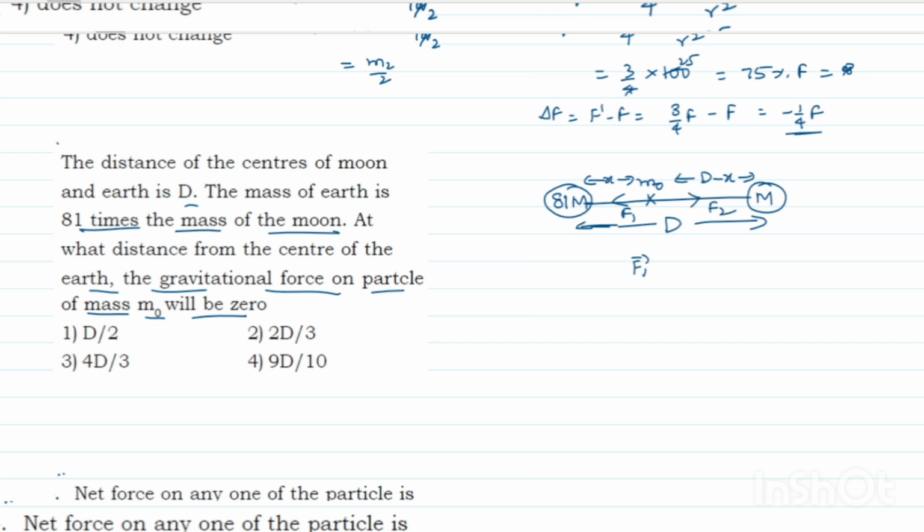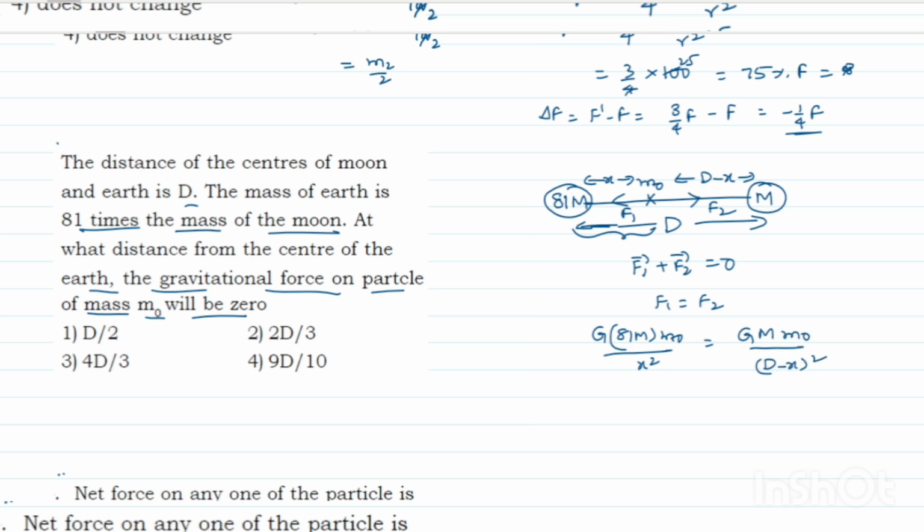So if the net force is 0, F1 plus F2 equals 0, then we equate only the magnitudes, F1 equal to F2. That gives G into 81 M m0 by x square, which will be equal to G into capital M into m0 by d minus x whole square.